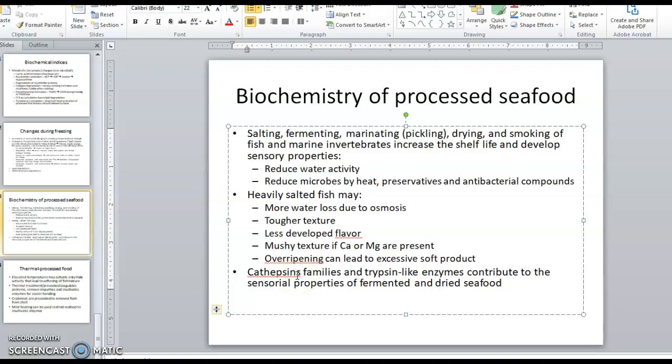Cathepsin family and trypsin-like enzymes can contribute to the sensorial properties of fermented and dried seafood. Okay. So it has been shown that if we add or undergo these processes, this kind of protein is the one that can give the unique taste or sensorial properties of the seafood.